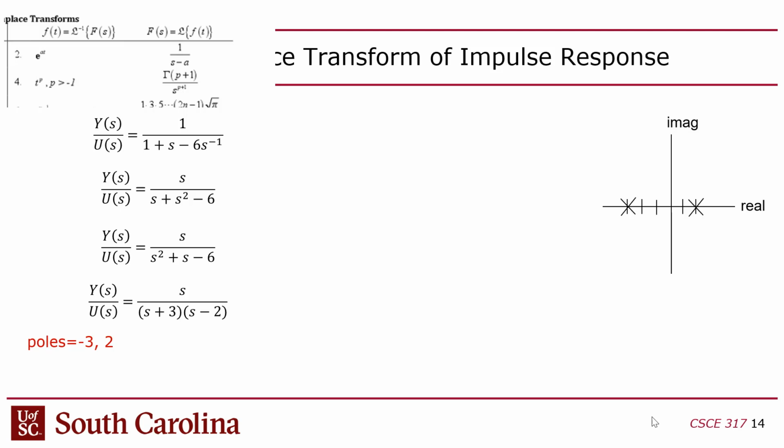The problem is that generally the way you do that is you look at a table, and you try to get this equation into the form that fits the table. So in the table, there's one entry in the inverse Laplace transform that says 1 over s minus a has a time domain representation of e to the at.